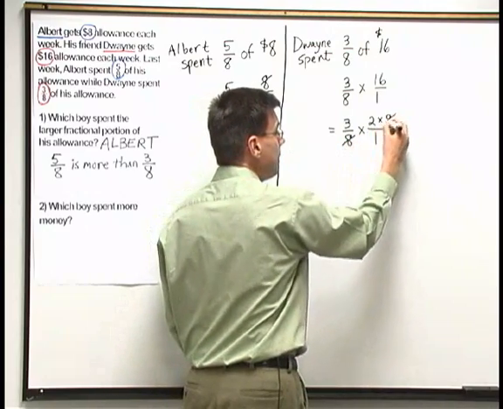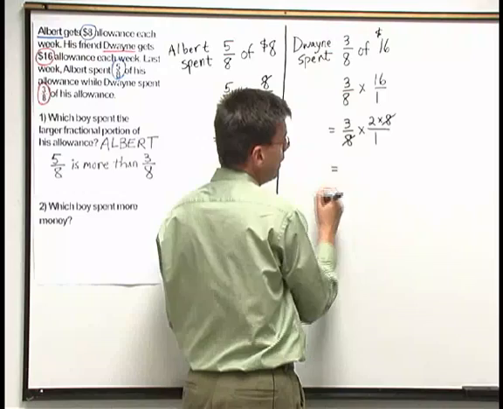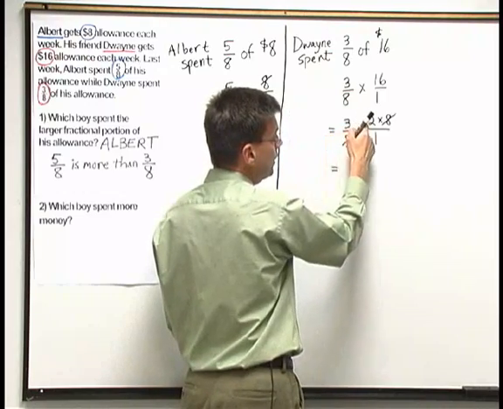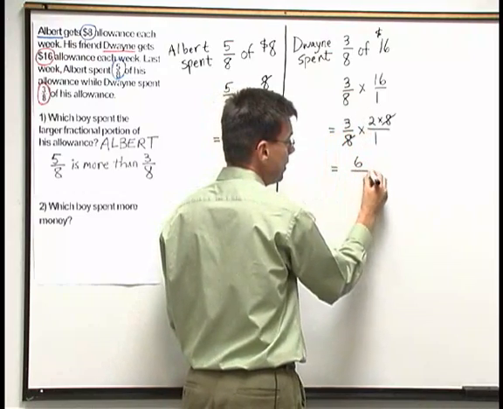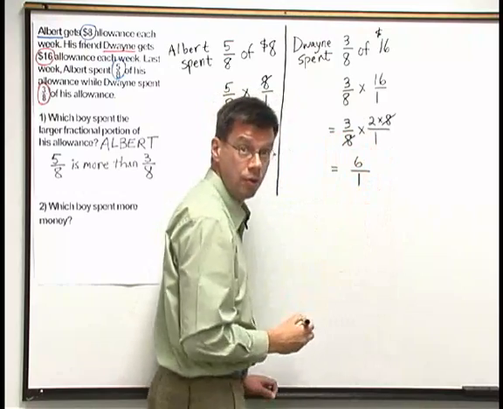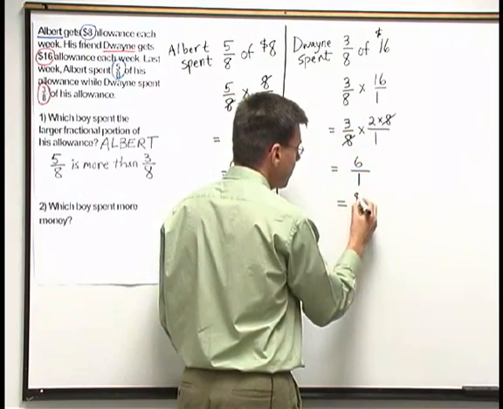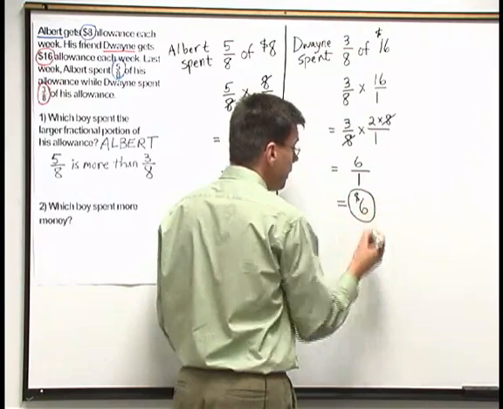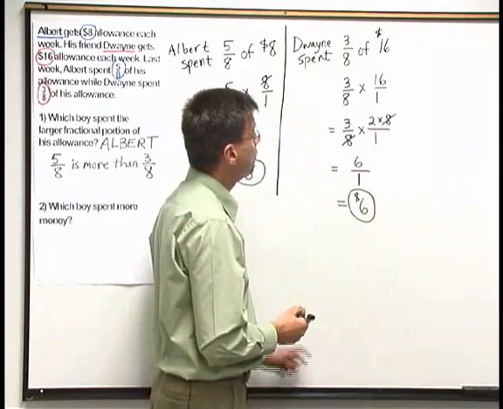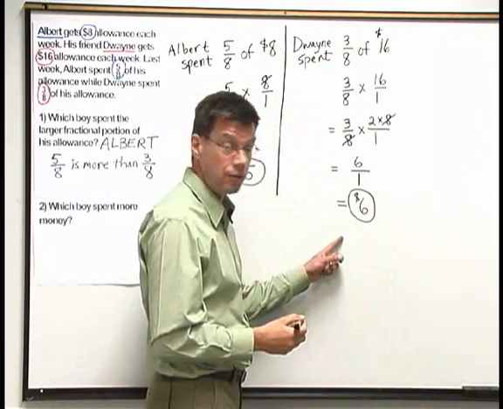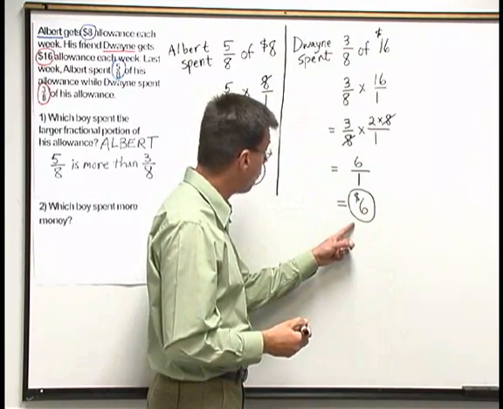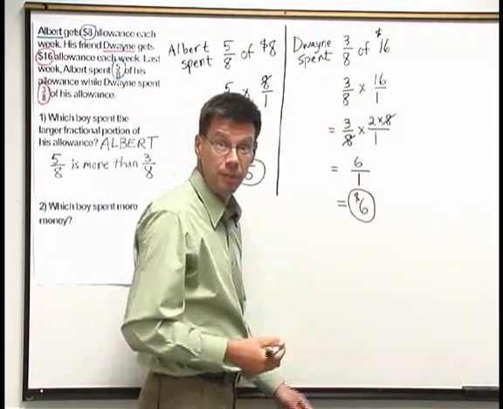So I'll go ahead and cancel. And I'm left with 3 times 2 up above. That's 6 over 1 below. 6 over 1 is $6. So there we calculated with fractions that Dwayne spent $6. Dwayne actually spent more than Albert spent.